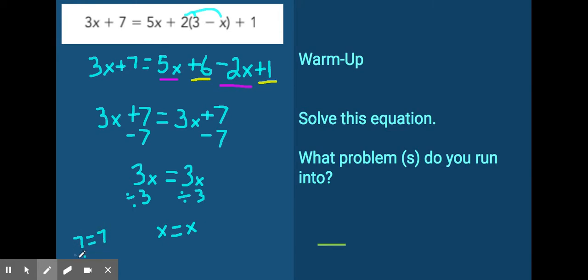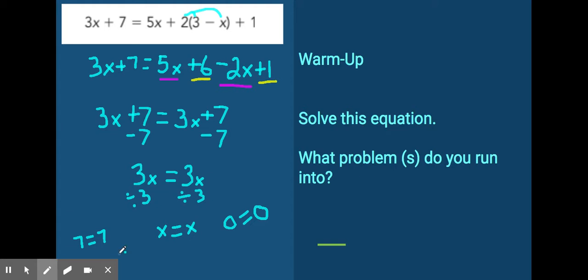So if you had that, you would still be right, okay? The other thing some people might have done is instead of dividing by 3 here, subtract 3x. And if you subtracted 3x from both sides, you would have just ended up with 0 equals 0. Okay? All situations are correct.